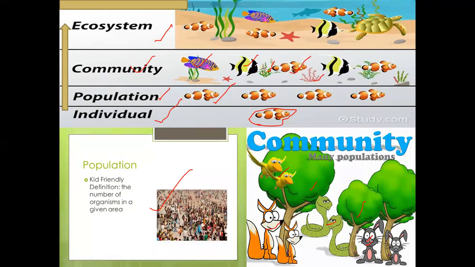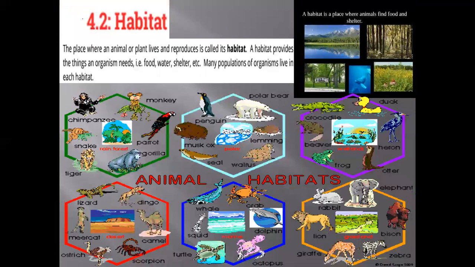These different kinds of populations, they interact together. So they form what? Community. And lots of communities form an ecosystem.